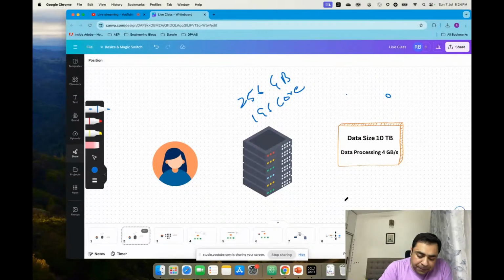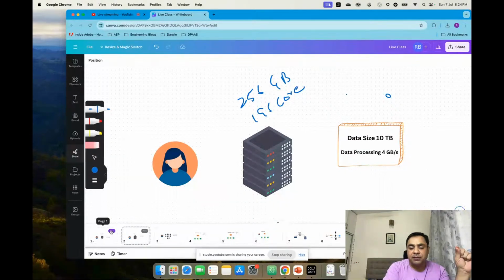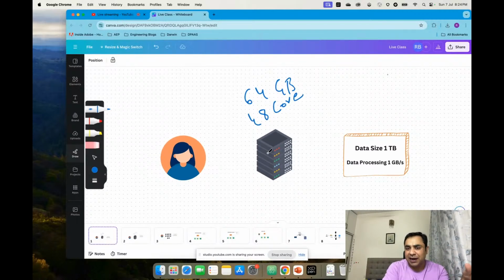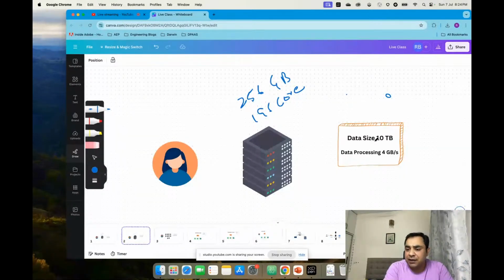Cool. Now, it's not about the calculation that we're talking about. I just wanted to make you understand one concept. Earlier the data size was on the smaller side, so the hardware that we had was able to handle it. Now, since we have increased the data size, we had to upgrade our hardware. Once we upgraded the hardware, we are able to solve this problem in 2,500 seconds.